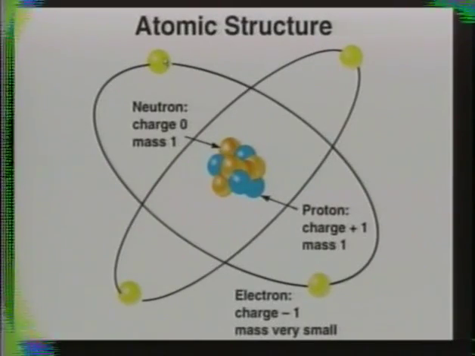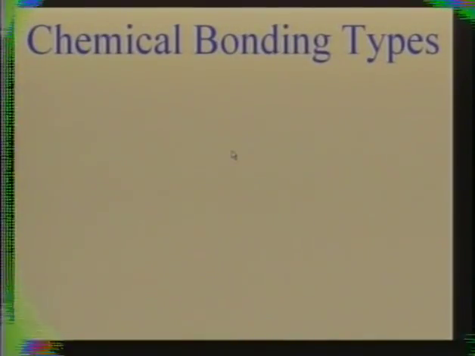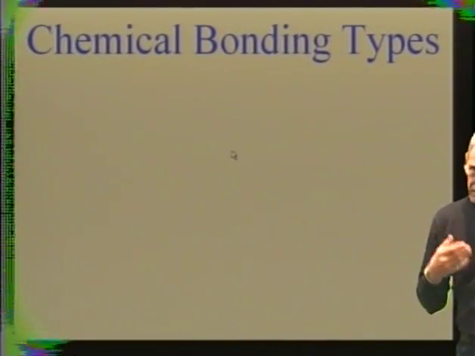Something's going to happen to these electrons. They're going to change positions in different ways. Well, let's take a look at the way these do, because if I bring in a certain type of atom next to another one in a certain environment or condition, it's going to bond with that, or it may bond. So let's talk about the chemical bonding types. Let's go through a list of these bonding types. We're just going to look at three major types of bonds.